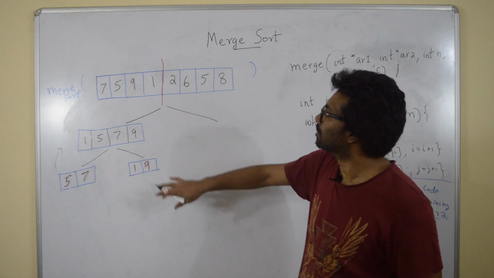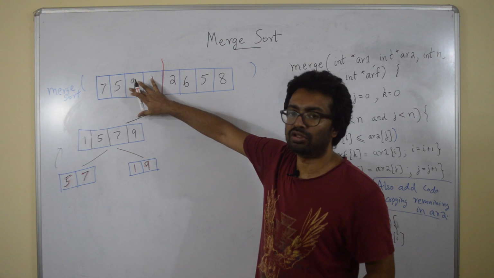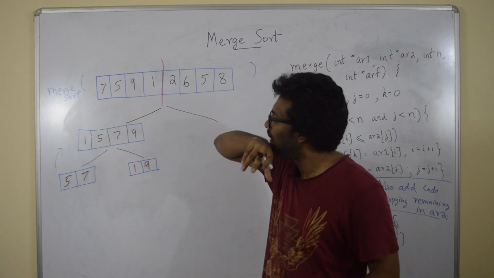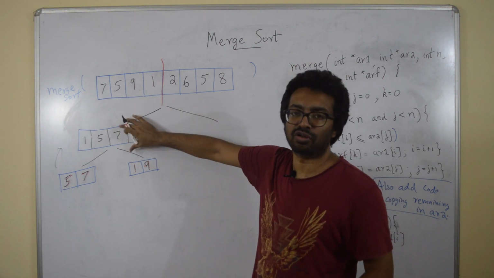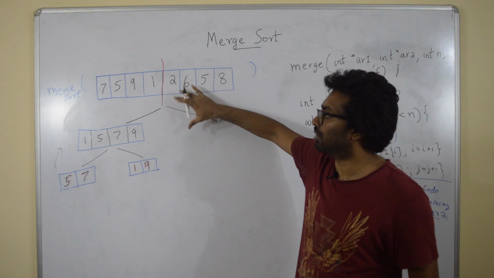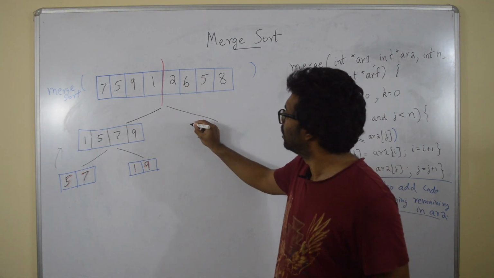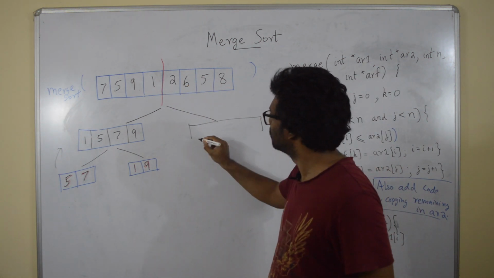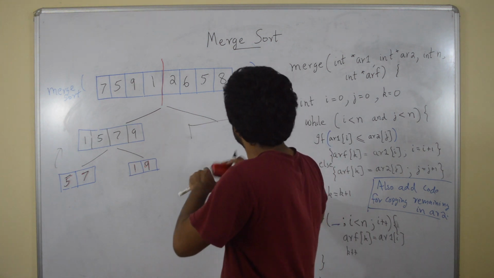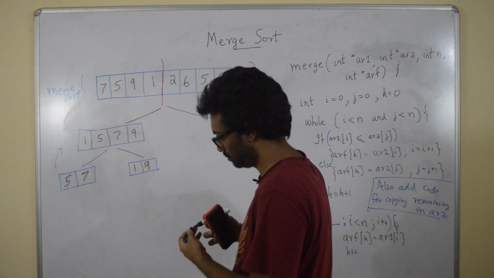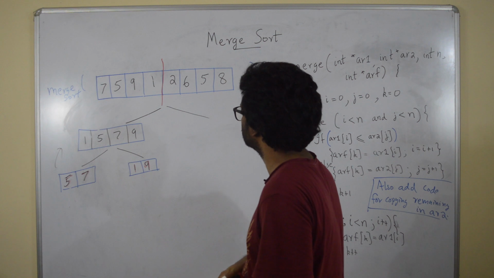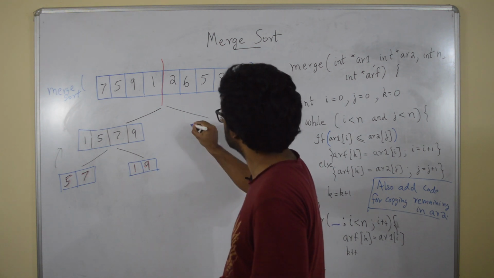Okay, we are actually returning, going back. Now merge sort here gets this sorted array. So merge sort now calls this part of the array.